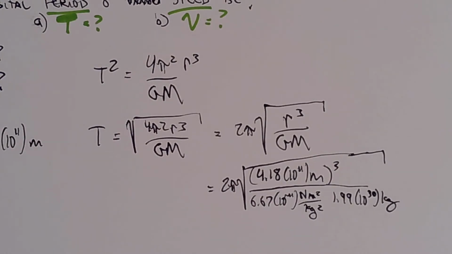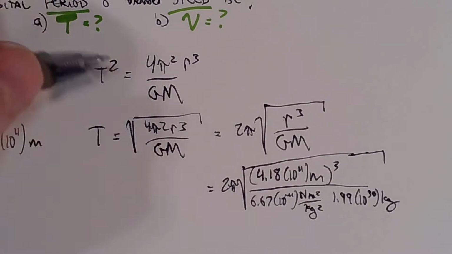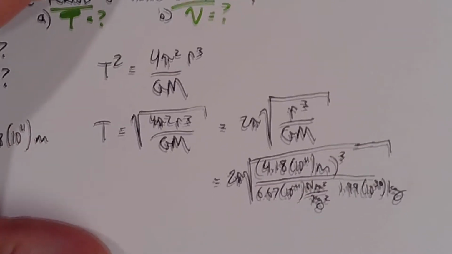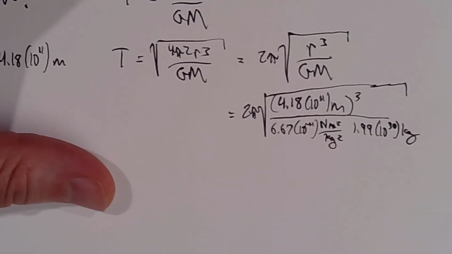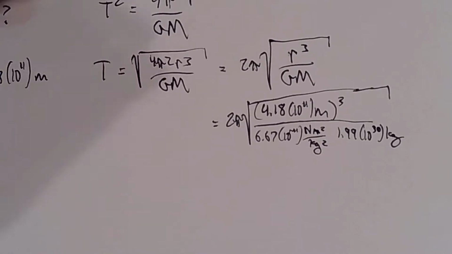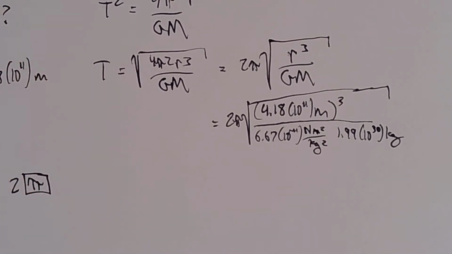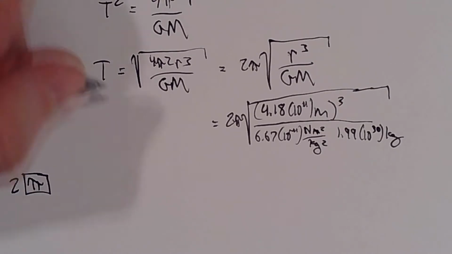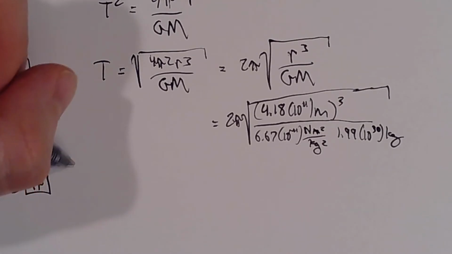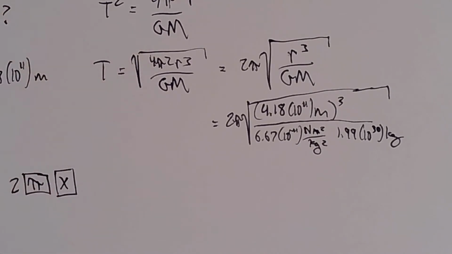But if I was to do it all at once, and again, I'm a big fan of doing everything all at once, just so you don't have to worry about rounding or writing things down, you could say, starting over here, if you just type 2 pi, your calculator should just multiply those together automatically. And then the multiplication symbol.